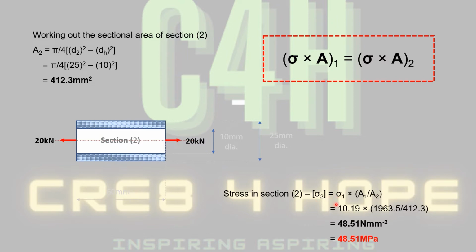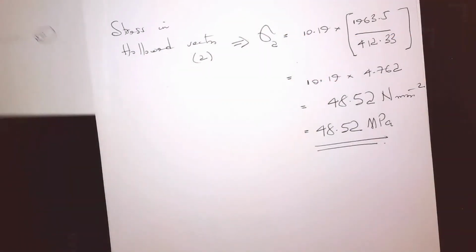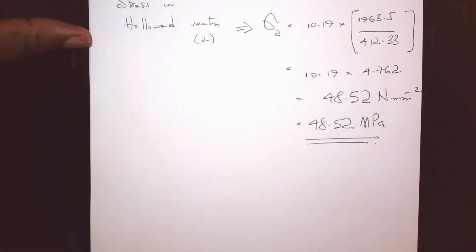We've calculated sigma 1, the stress in section 1, to be 10.19 times the ratio of area 1 to area 2, so that is 1963.5 divided by 412.3, and that leaves a value of 48.51 MPa. So we've worked out the first part of the question.